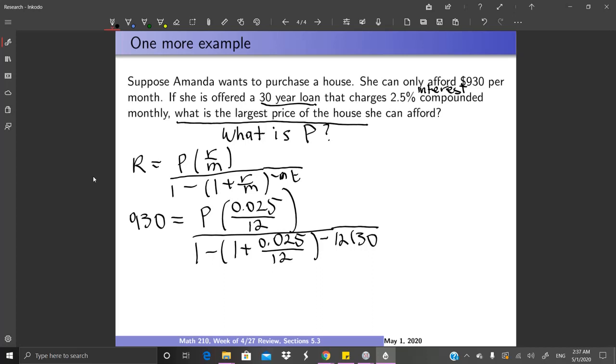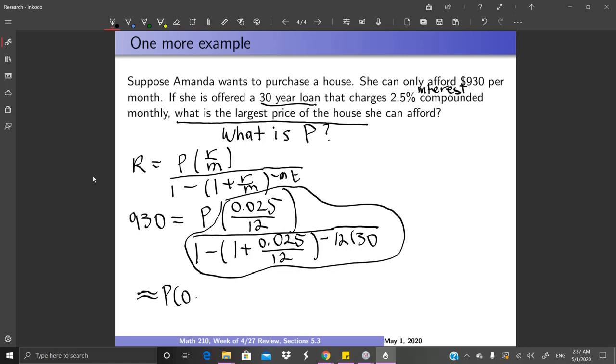Okay. So in the end, once you calculate, this comes out to approximately, and you want to make sure you don't round off too prematurely. I took as many decimal places as I could, and I said that this is P times, and then this value right here is approximately 0.003935129. So this right here, that's equal to 930.